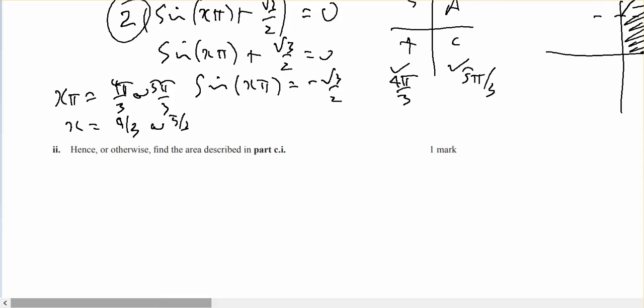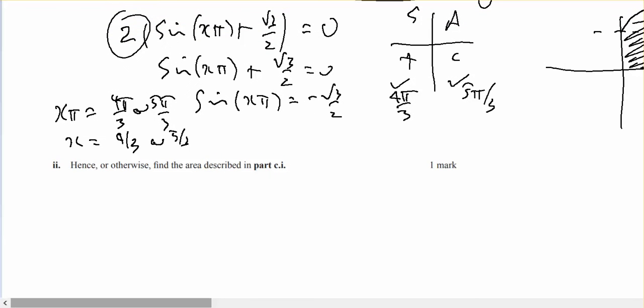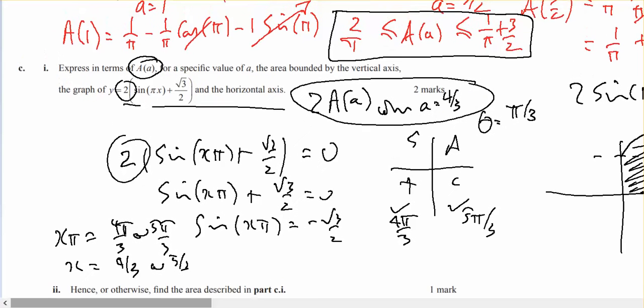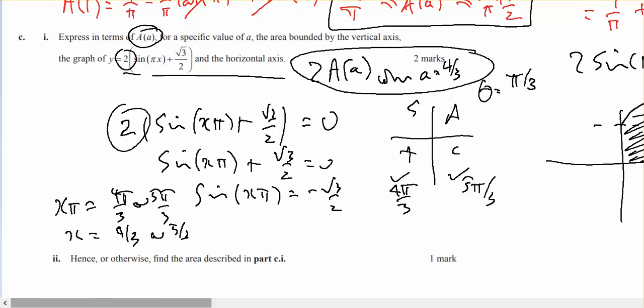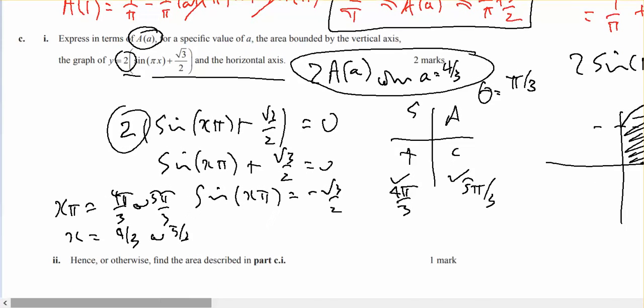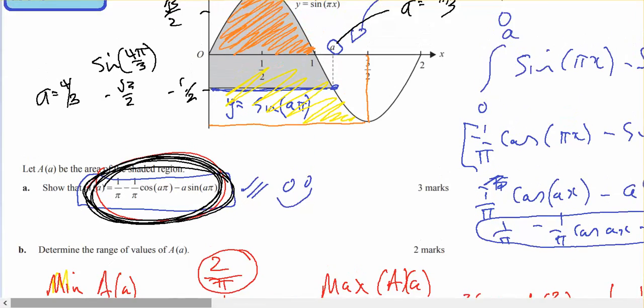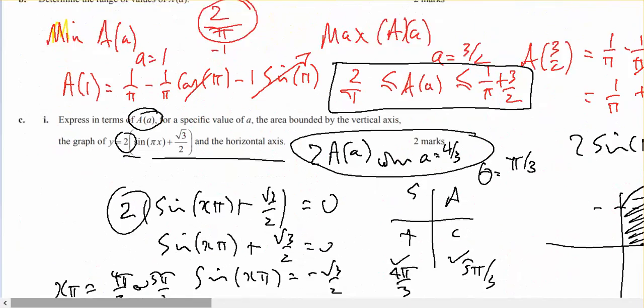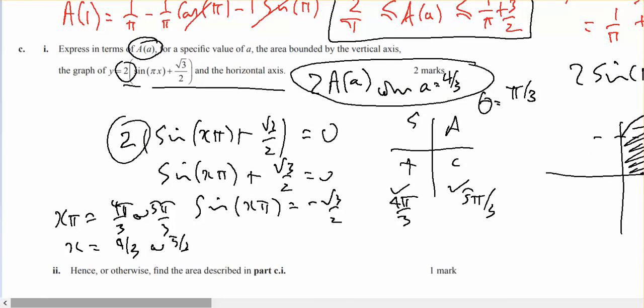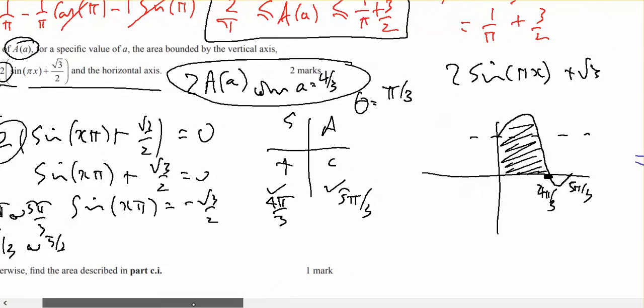Hence or otherwise, find the area enclosed in part C, part 1. Well, since it's going to be the same as this area, I can use this. When a equals 4/3, because 4/3 corresponds to this point here.